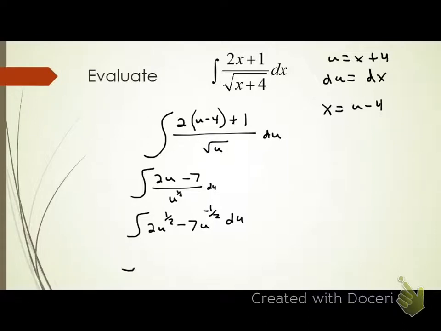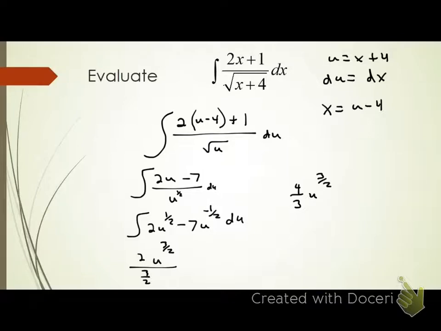Here we go. We're going to take the antiderivative now, aren't we? So 1/2 plus 1 is 3/2. So u raised to the 3/2. 2 divided by 3/2, which is 4/3. I probably should have left myself room to write that. 4/3 u to the 3/2. Thank you.